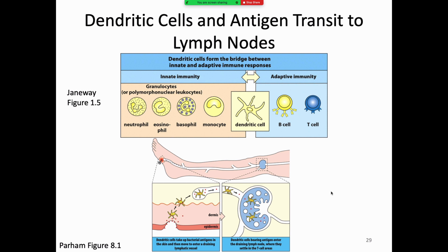Dendritic cells are innate immune cells, but they're usually thought of as forming the bridge between the innate and adaptive immune system. We've talked about antigens being transported to the lymph node via the lymph. But we can also have antigens transported to the lymph node via dendritic cells.